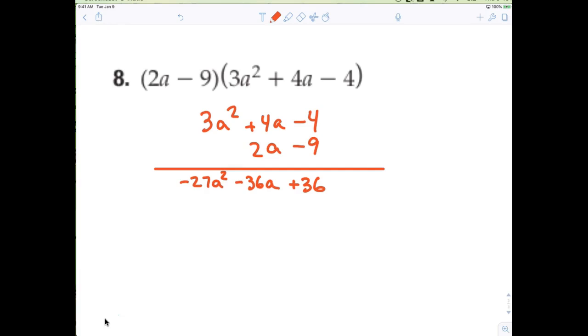Now we're doing the 2a times negative 4, which is negative 8a, and then 2a times 4a, which is positive 8a squared, and then 2a times 3a squared, which is 6a to the third.